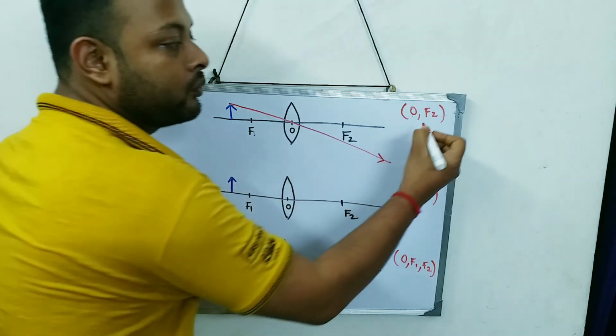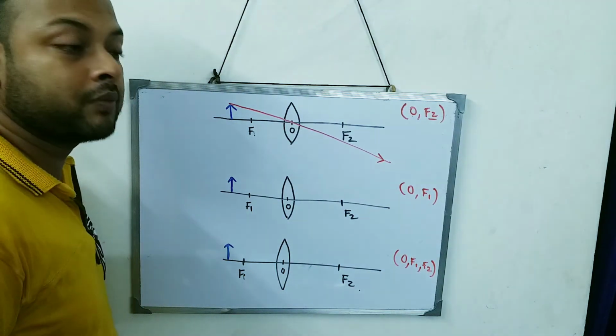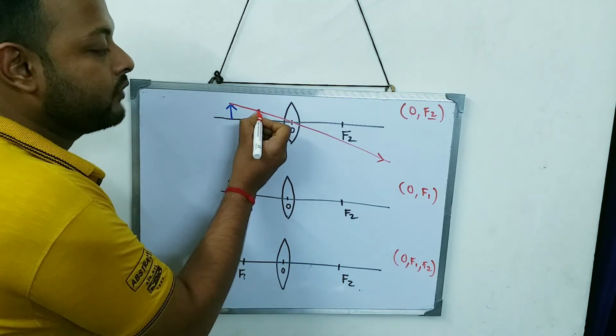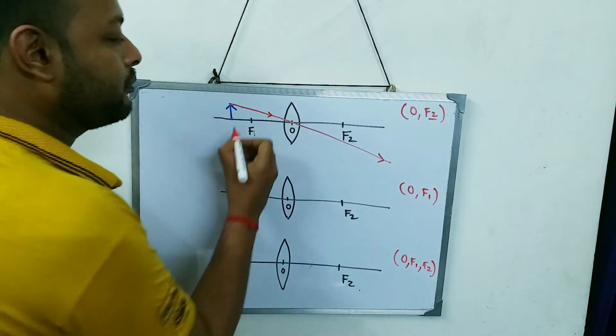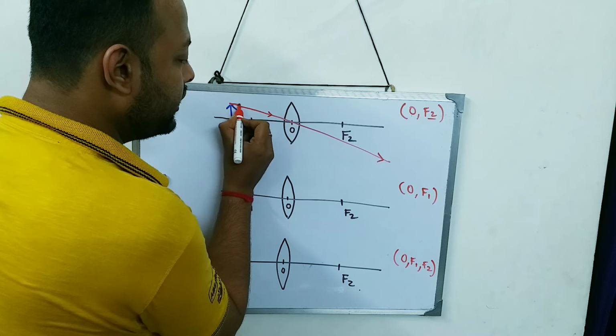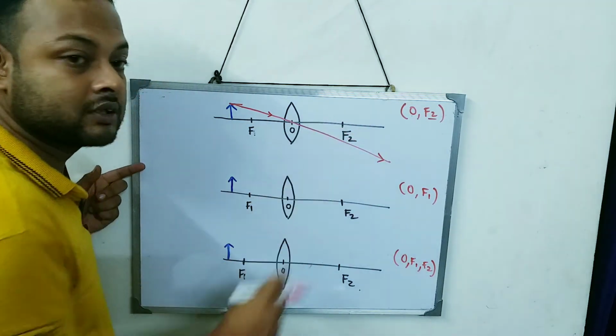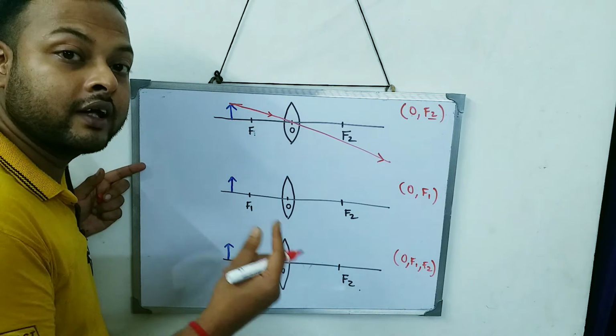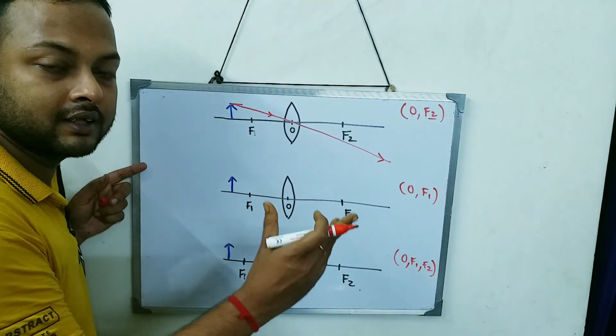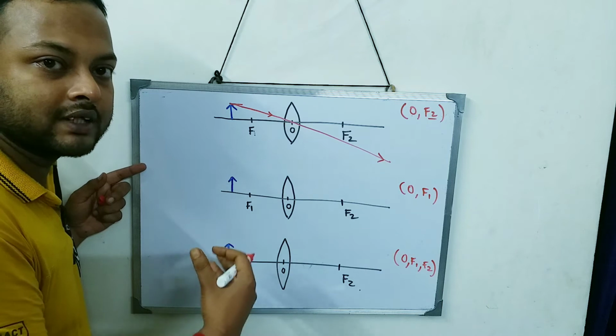And secondly, what do we need to do? We need to take the ray which is passing through F2. If the ray has to pass through F2, then the ray should be parallel to the principal axis. That was the second rule. Just 5 minutes ago I taught you.